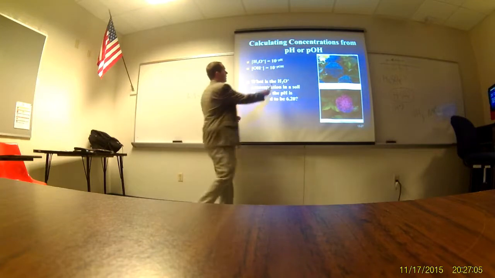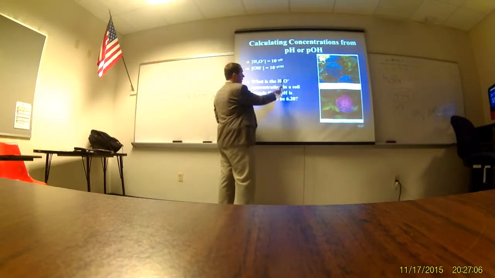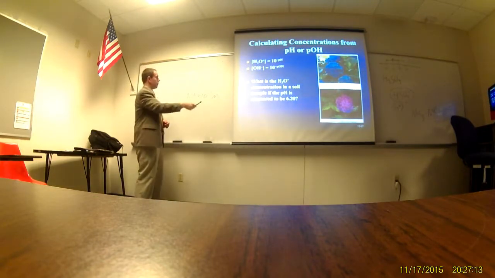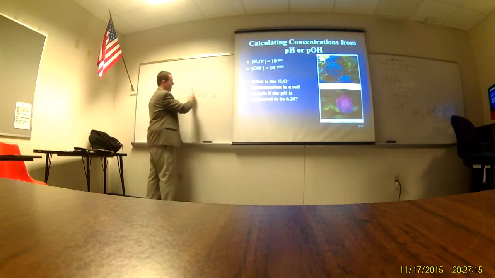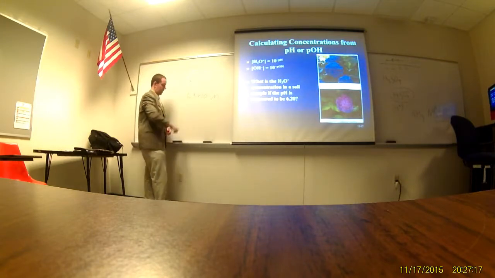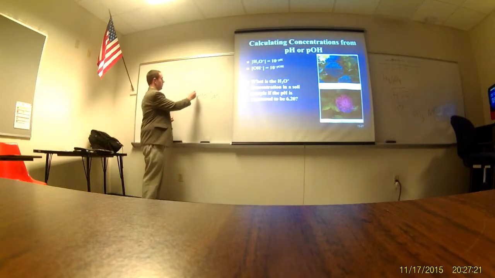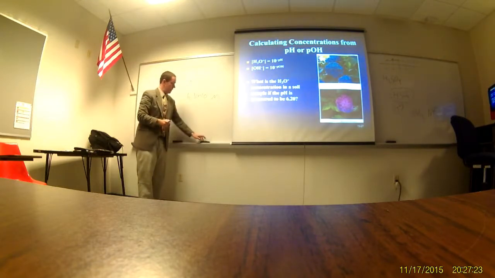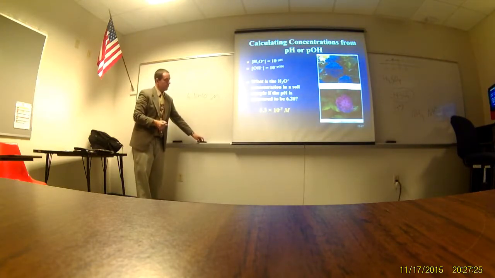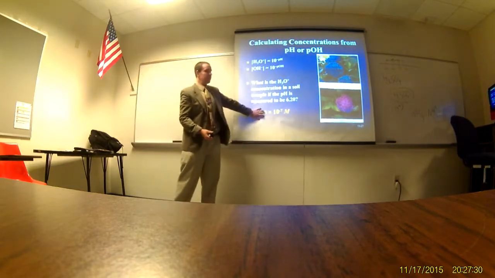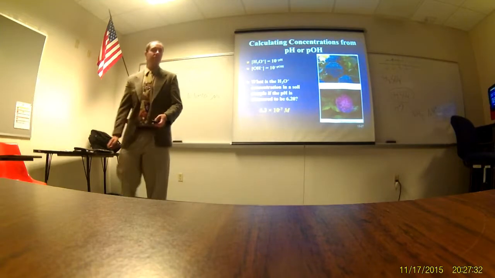So if our pH is 6.2, we take 10 to the negative 6.2, and we get 6.3 times 10 to the negative 7. 6.31. Say McGraw-Hill, they get the stamp of disapproval.